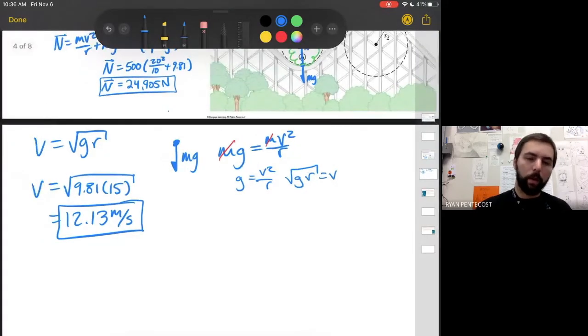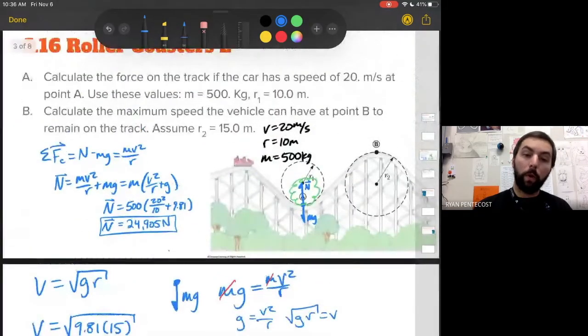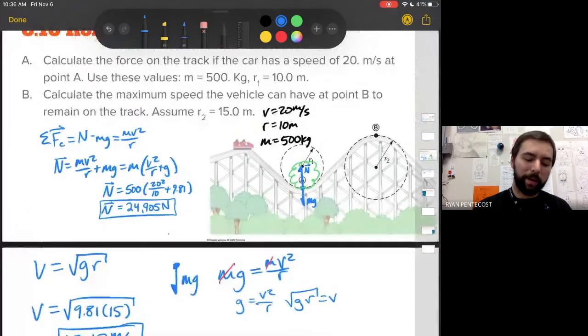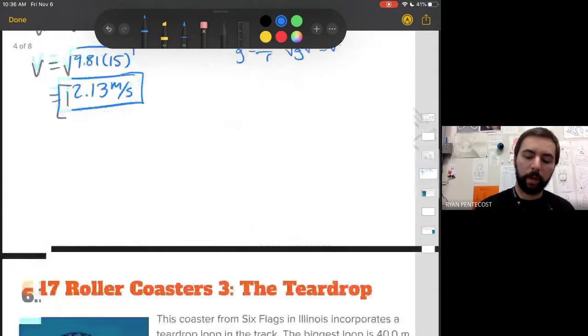Okay. All right, so we are able to apply both of those ways to die, right? It needs to withstand about 25,000 newtons, and you can only go 12.13 meters per second without your car starting to leave the track. But again, modern engineering has that clamped down pretty good.